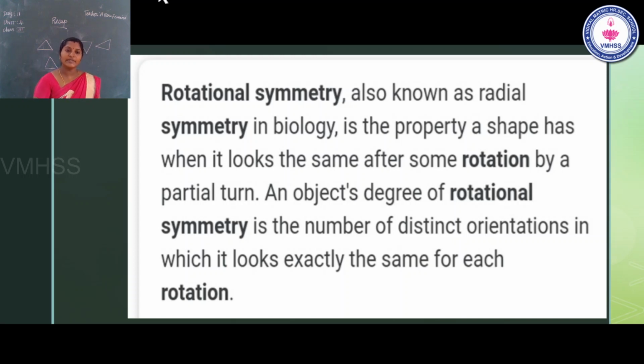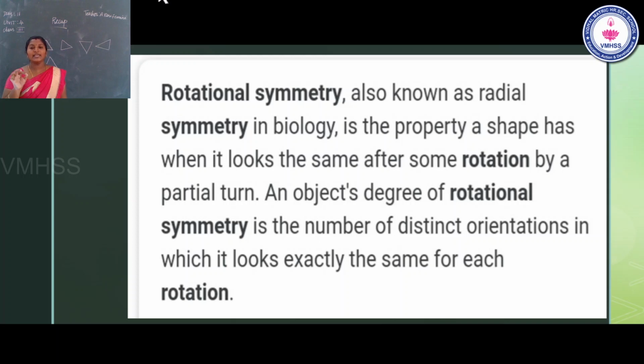A rotational symmetry, also known as radial symmetry, is the property of a shape that looks the same after some rotation, a partial turn. An object's degree of rotational symmetry is the number of distinct orientations which look exactly the same for each rotation.